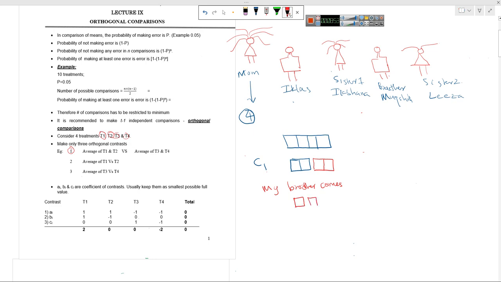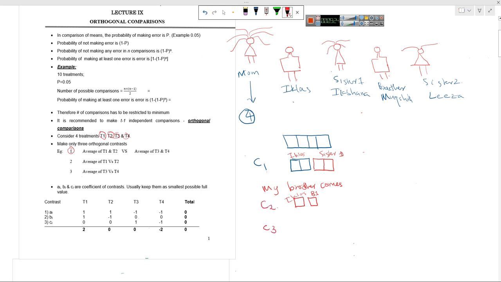But my sister takes both the chocolates and is trying to have them. Then my sister 2 comes. This is sister 1, Ikhlas. Now this portion is taken by my brother 1, B1, and my sister has the 2, right? So this is comparison 2.